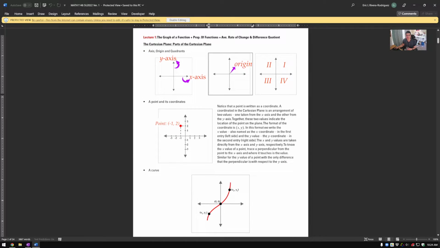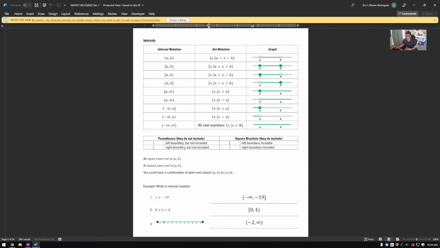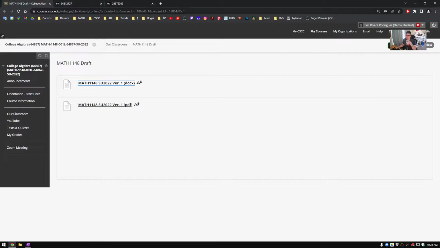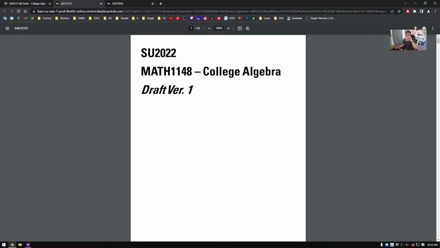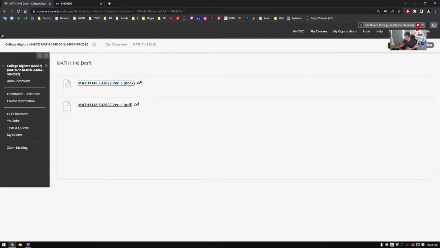Here you can erase, you can change the wording, you can copy and paste the graphic. So you have this document available there.